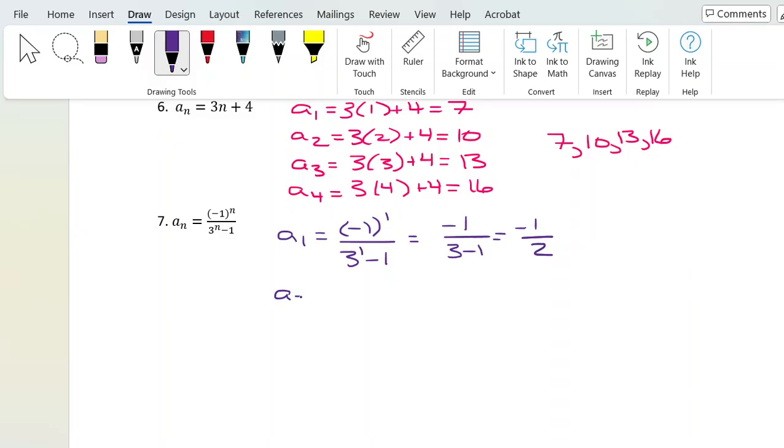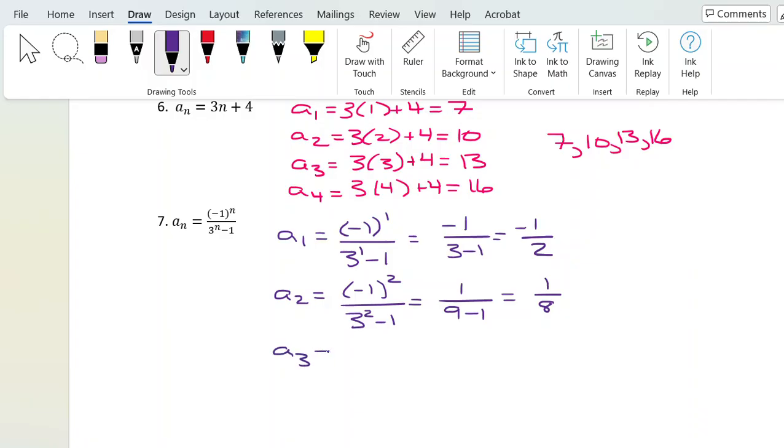For the second term, we have negative 1 squared over 3 squared minus 1. Negative 1 squared is positive 1. Negative times negative is positive. Check it on a calculator if you aren't sure. 3 squared is 9, and 9 minus 1 is 8, so that's 1 over 8.